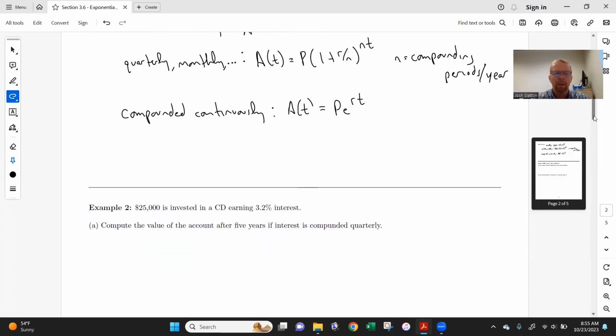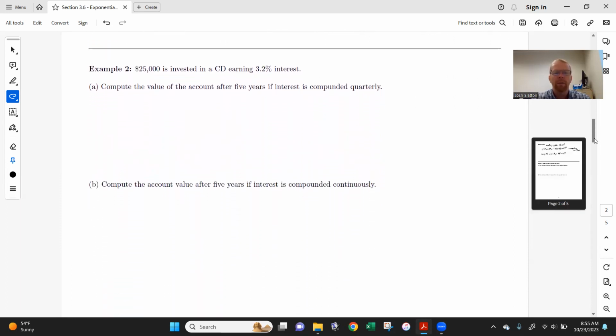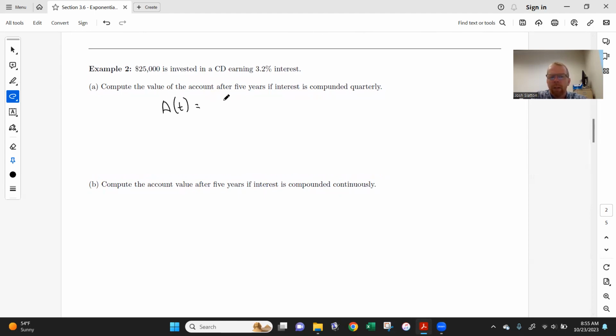All right, so example 2, we have 25,000 invested at 3.2% interest. Find the value of the account after 5 years if it's compounded quarterly. So just very straightforward plugging this in. We're going to use the second formula up there. So 25,000 times 1 plus 0.032, compounded quarterly, so our n is going to be 4.